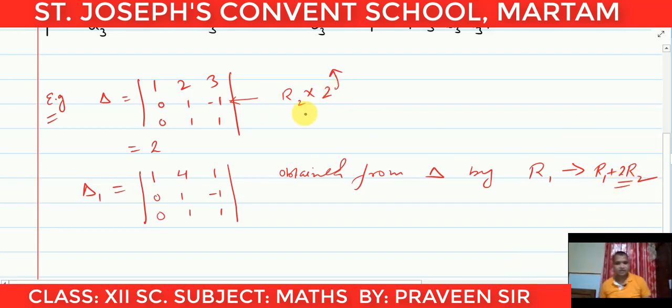That means we have multiplied each element of row 2 by 2, then whatever value we get, we have added to the corresponding elements. So we got this.